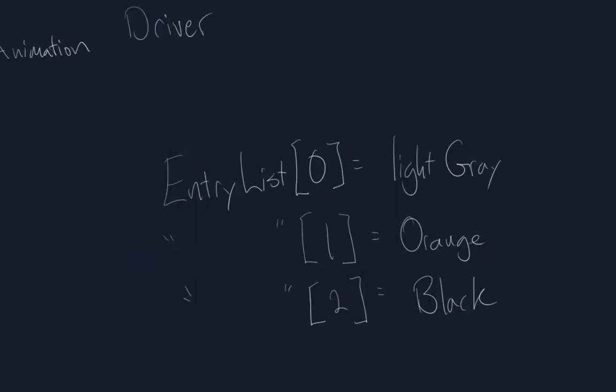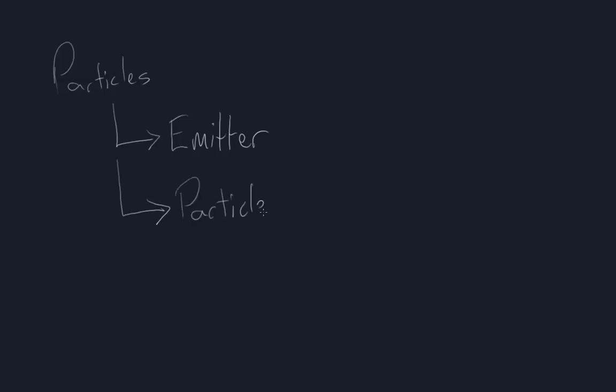So here's how this works. Particles. You're going to get an emitter object, and you are going to get the particles themselves. The emitter object is responsible for firing particles into the scene.